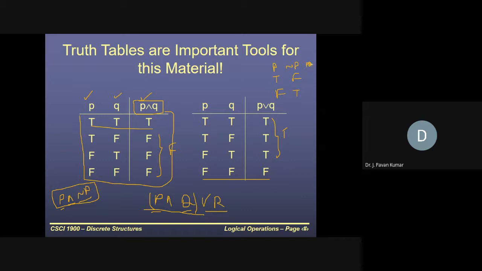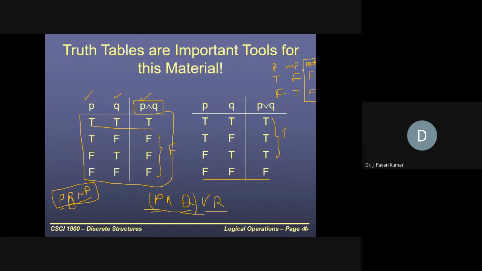What is the rule? Whenever both statements are true, then only the resultant is true. That is with respect to and. Here you can observe: true and false will get false. Similarly, false and true will get false. If you observe the rightmost column, it has all entries as false.